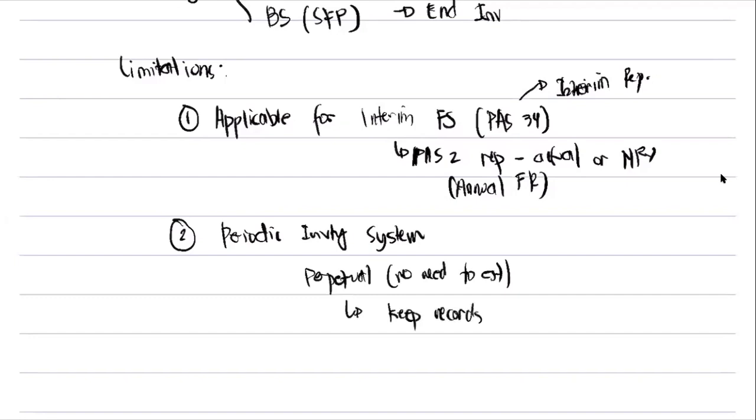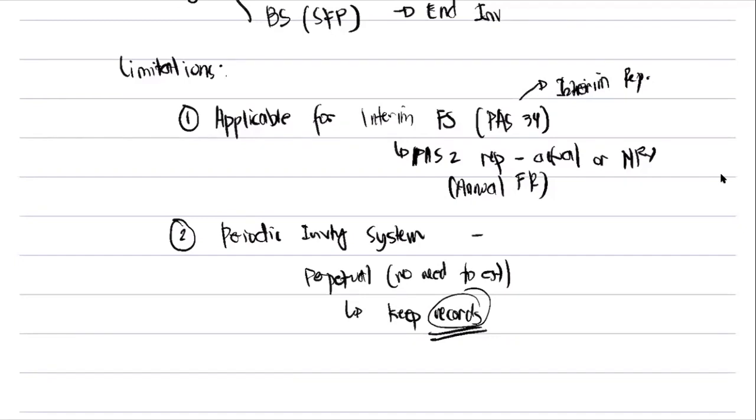So no need to estimate the amount of your inventory. You can always check the amount of your inventory based on your record, and you will only adjust for the annual if there is any shortage or overage in your inventory. But since that is perpetual, for interim reporting, let's say, you cannot make use of inventory estimation because again, you have available records.